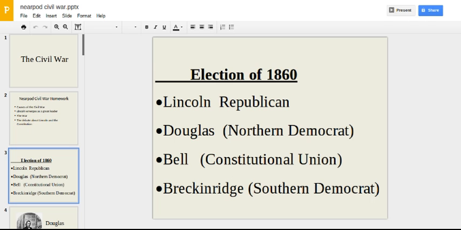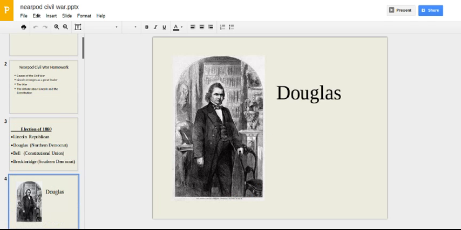By 1860, we see that the Democratic Party is going to be split. Stephen Douglas, and I'm going to break down these guys for you in just a second, had long been the standard bearer of the Democratic Party. He had recently defeated Lincoln in a senatorial election.